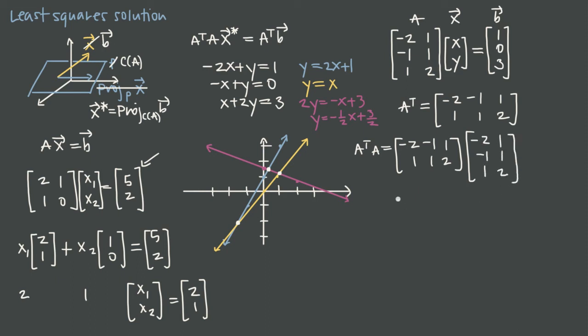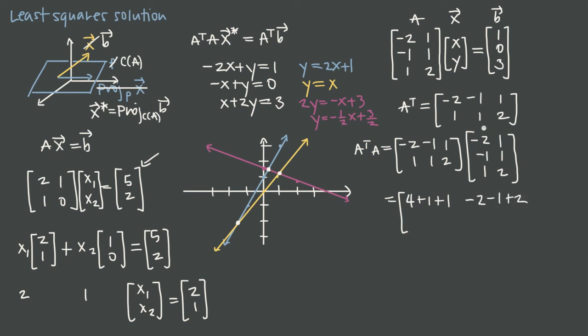So we're going to take this dot product here, and when we do, we'll get a 2 by 2 matrix. So -2 times -2 is a +4, -1 times -1 is a +1, 1 times 1 is a +1, and then the first row by the second column, so -2 minus 1 plus 2.